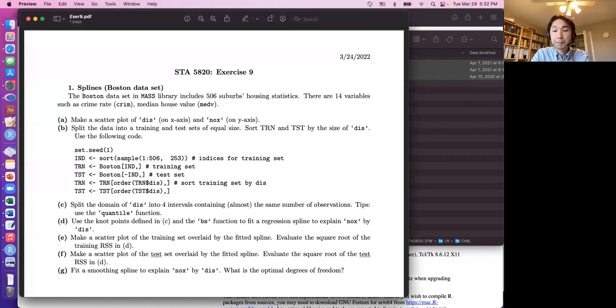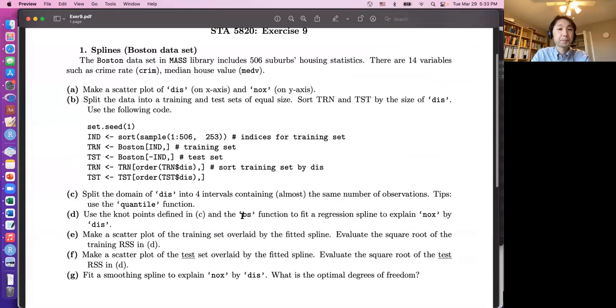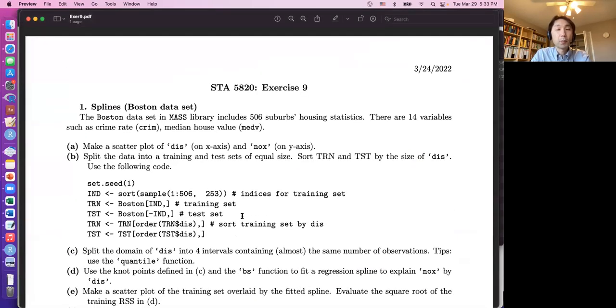Exercise 9 is already available on the website. So I will show the exercises. Here, the Boston dataset is a famous dataset which has Boston area house prices and also some other variables, some demographic variables and some environmental variables.